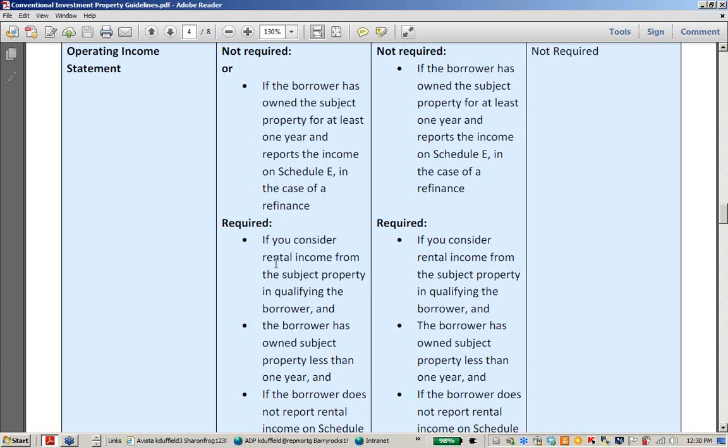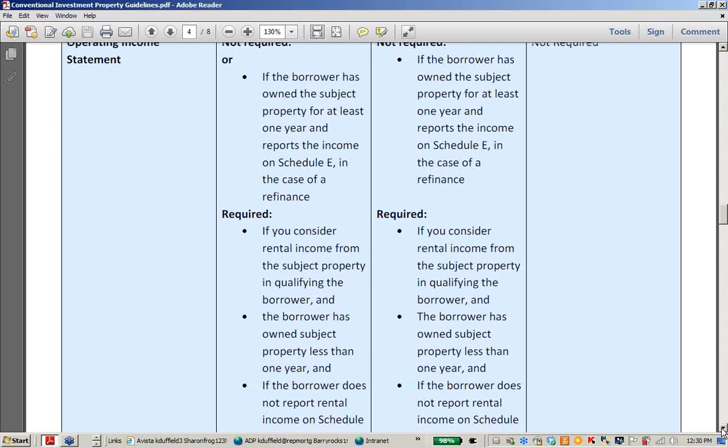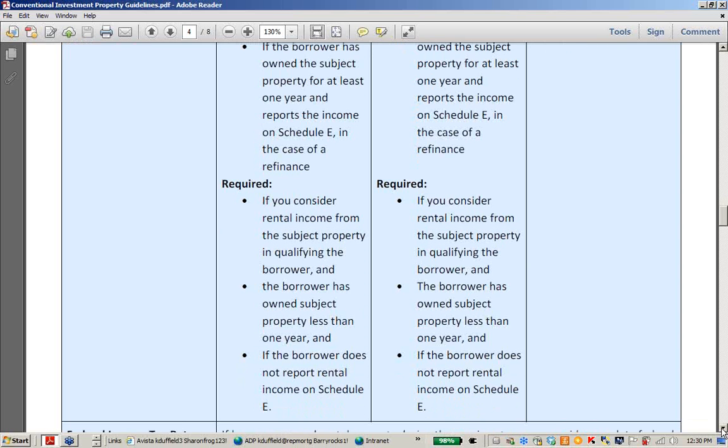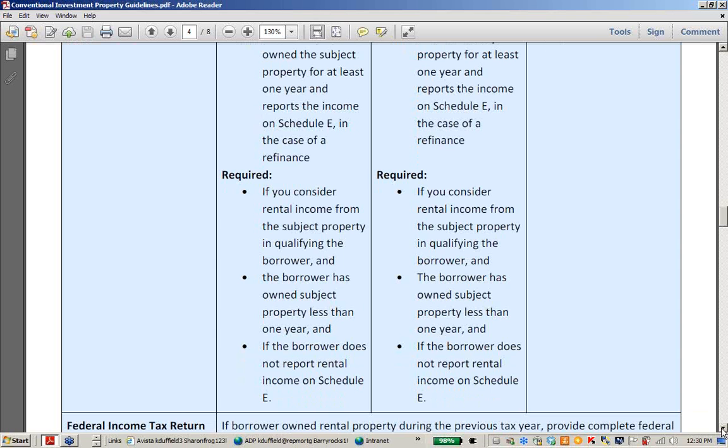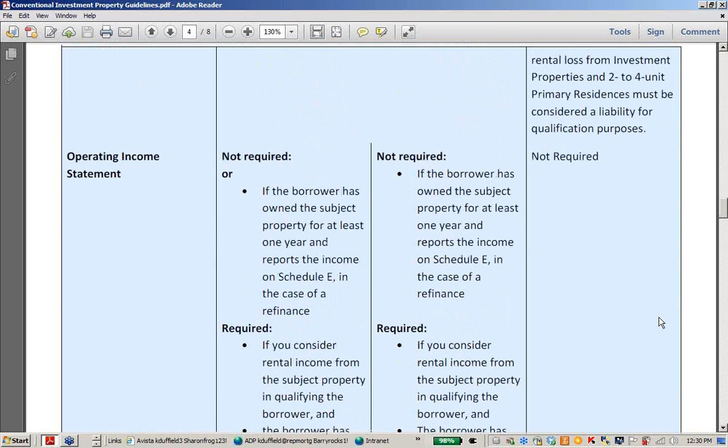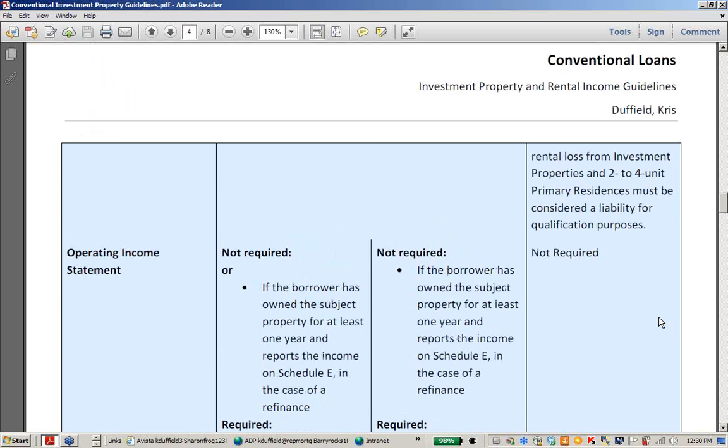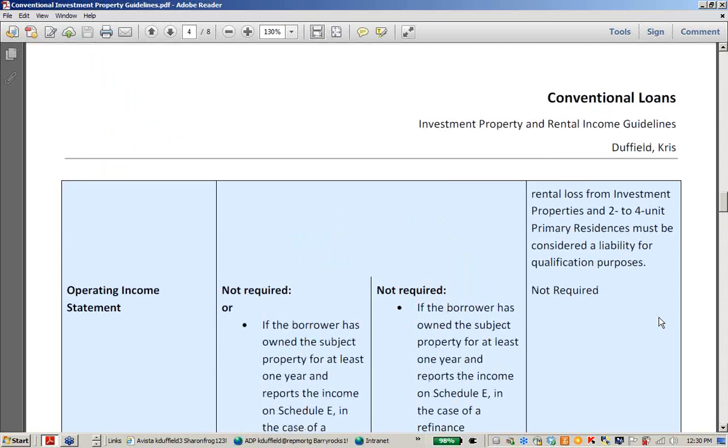So back to the operating income statement, it's required if you consider rental income from the subject property in qualifying the borrower, and the borrower has owned the subject property less than 1 year, and if the borrower does not report rental income on Schedule E. So basically the requirements for that operating income statement are the same.